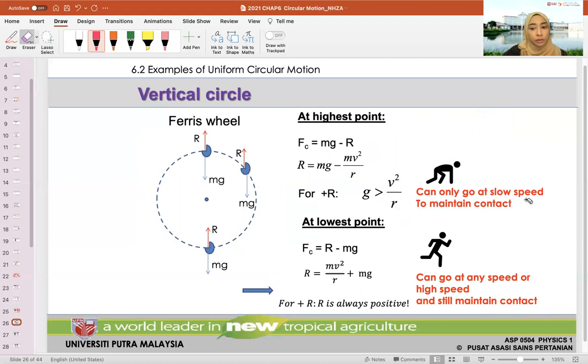Can only go at a slow speed to maintain contact. At the lowest point, R is always positive, so we can go at any speed that we want and our perceived weight will be greater than kalau kita ke atas. Ke atas kita akan rasa ringan, ke bawah kita akan rasa sangat berat.